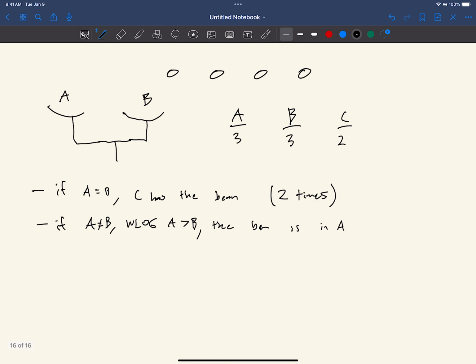And since A has 3 beans, we can just choose 2 from A. If these 2 from A are equal, then the remaining third bean from A is the one that's heavier.